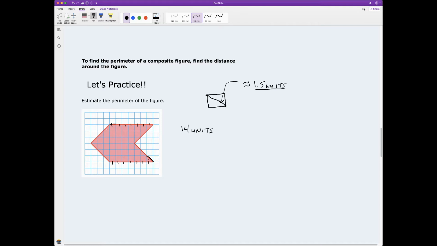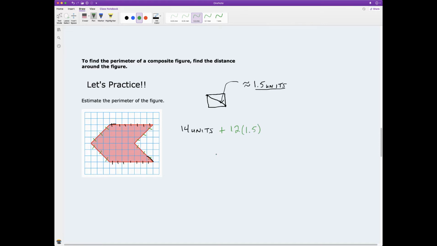Now I just need to count these diagonals. Let me use a different color. I have this diagonal, 2, 3, 4, 5, 6, 7, 8, 9, 10, 11, 12 of the diagonal units. So I need to take each one of those 12 units and multiply them by 1.5.